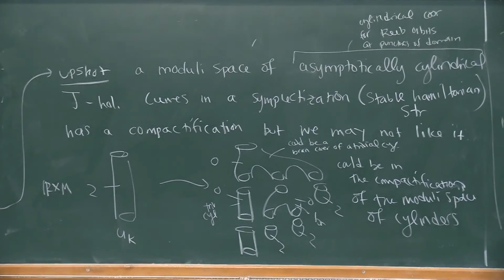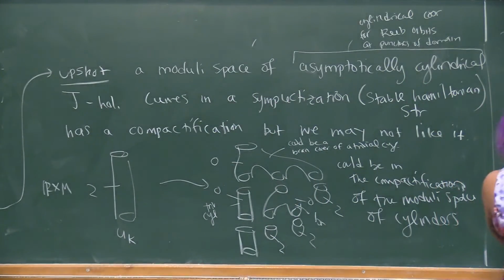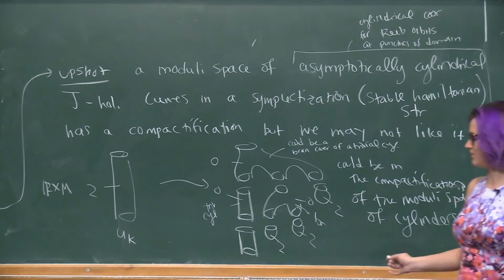So you need transversality and compactness at the same time, and this has been the struggle of symplectic geometers for the last 25 years. And then people try to introduce virtual methods, but then it becomes harder to actually count things, and I don't know, life gets hard.